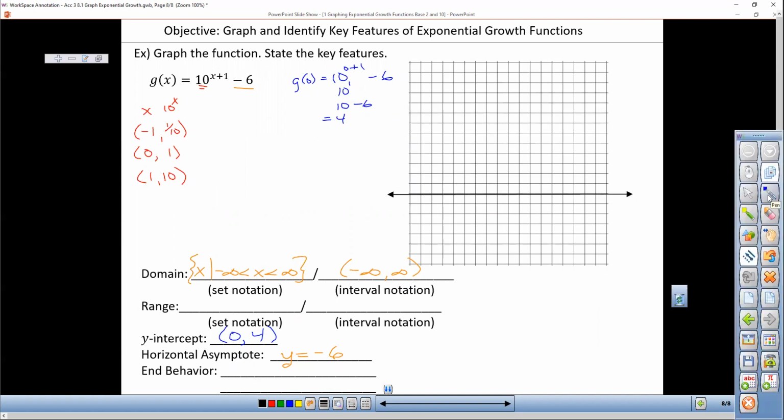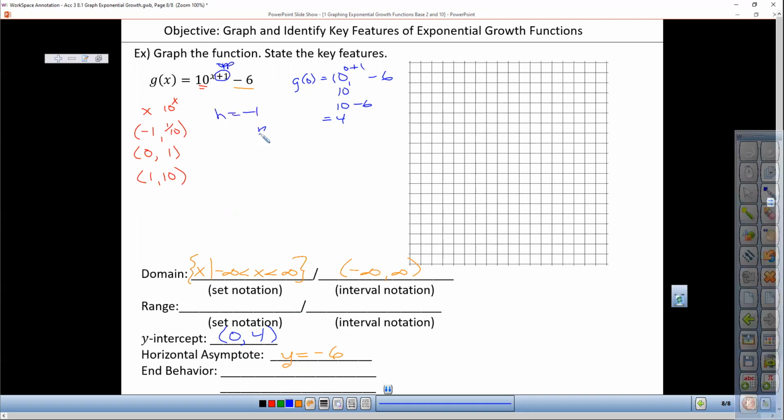Then I have here the opposite of that +1. Opposite of that +1 is my h. So my h is -1, which means I'm also going to go to the right along with down 6 for that k of -6. So those are my transformations this time.